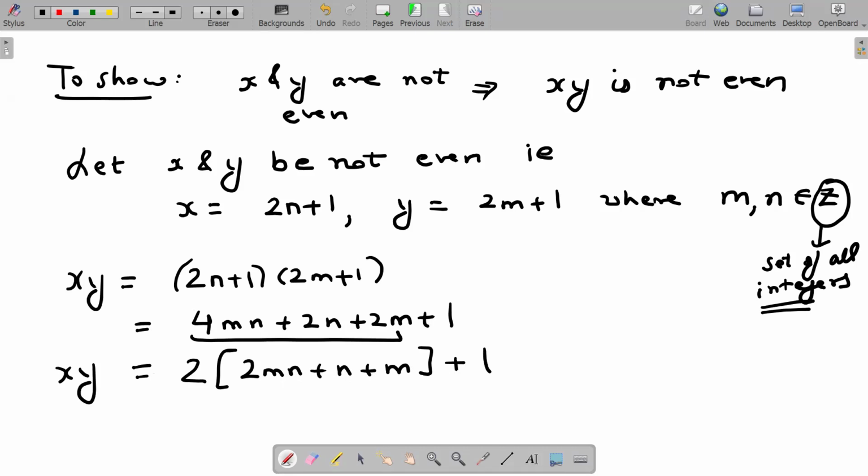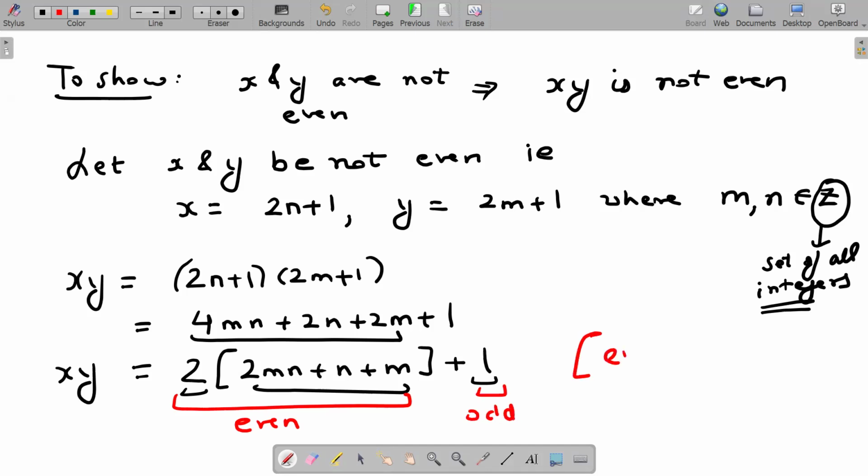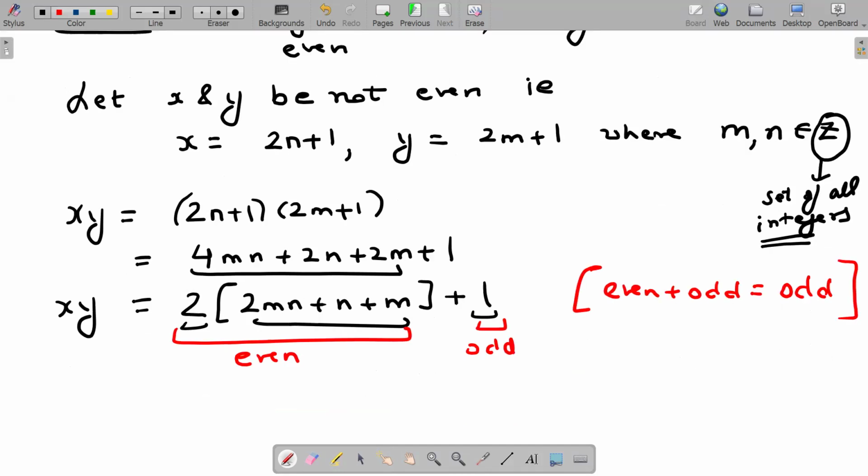Now you can see this is an odd number because it's 2 times something plus 1. Remember, this whole part is even and this is odd. And we always know that even plus odd is always odd. An even number plus an odd number is always an odd number. So I have shown that therefore X into Y is odd. That is, it is not even.